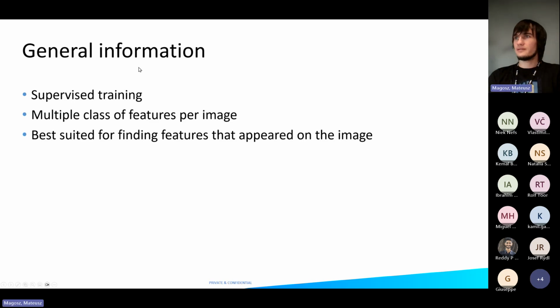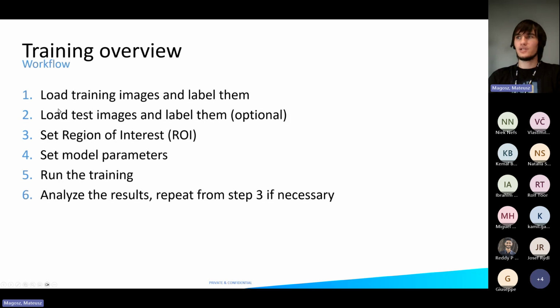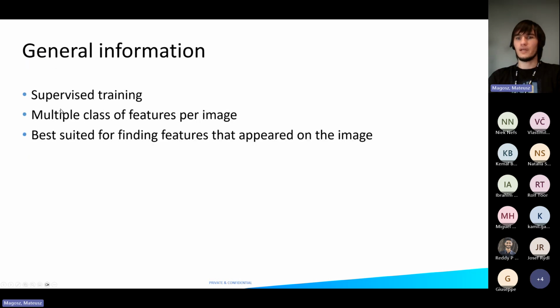It's a supervised training, and supervised means you have to provide more data than just okay, not okay, like in anomaly detection. Here you will be either drawing masks or you can import them. I will show you in the second example how to import them and in what way the data needs to be prepared.